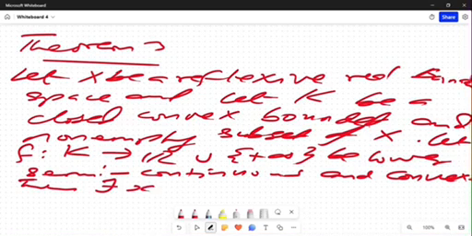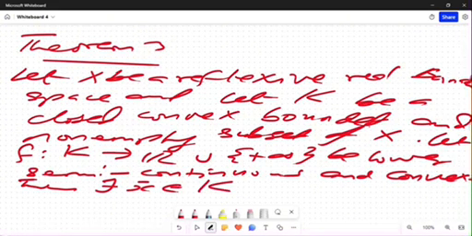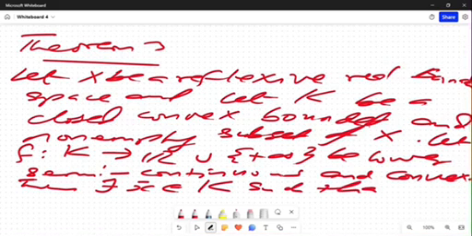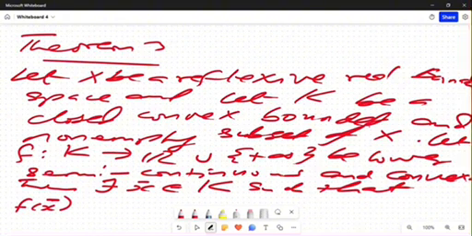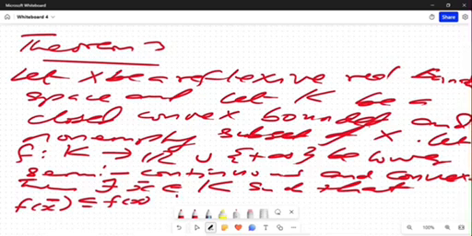there exists a minimizer, let's call it X bar, which is in the domain of f, which is in K. Domain of f is K, such that f of X bar is a minimizer, so it's always going to be less than or equal to f of X for every X in the domain of f.